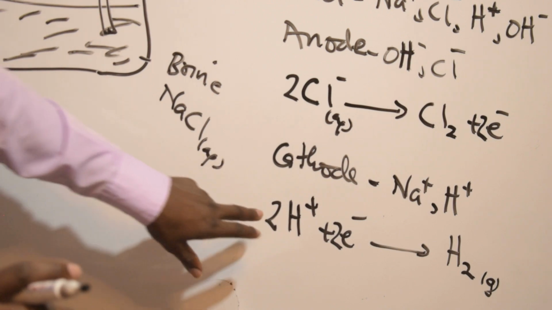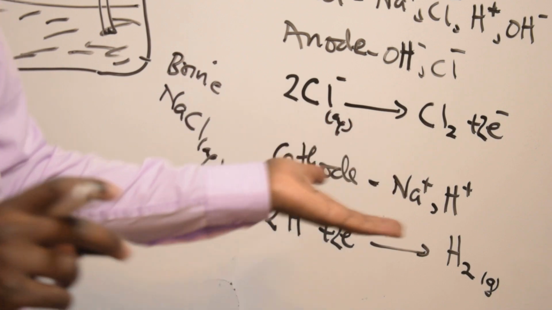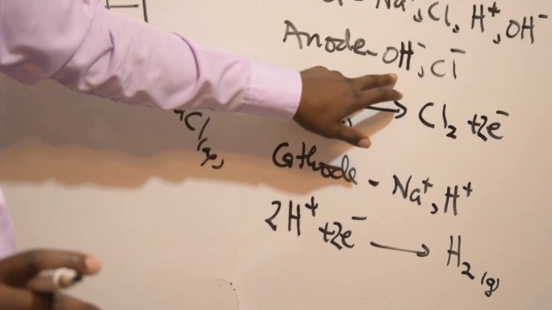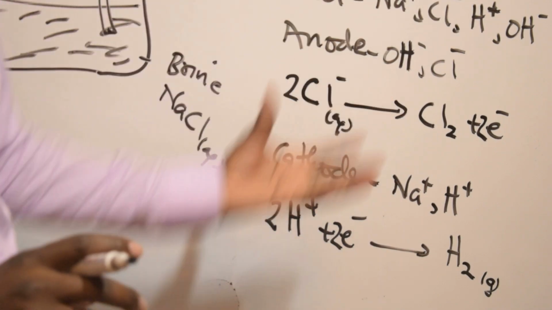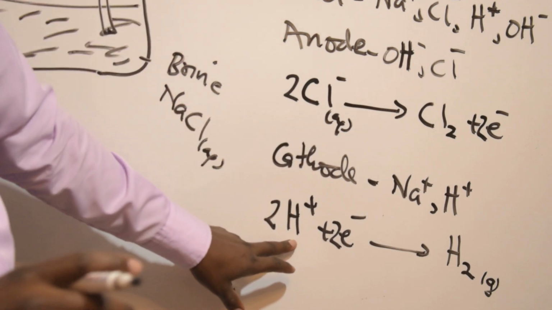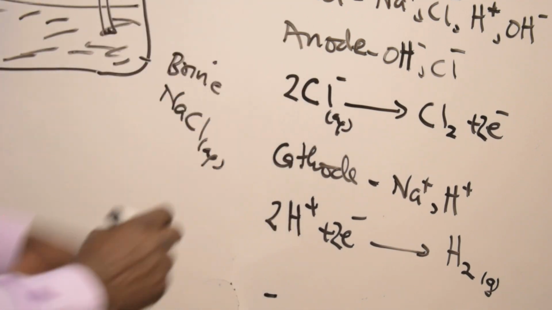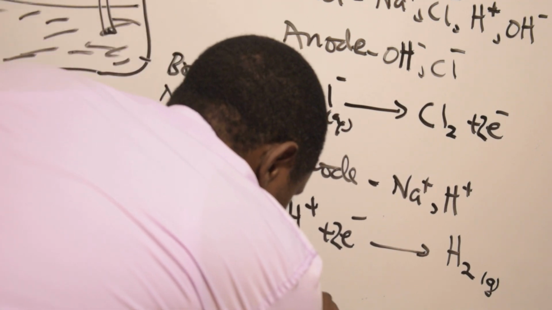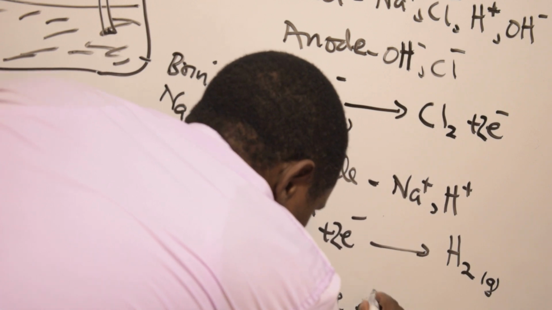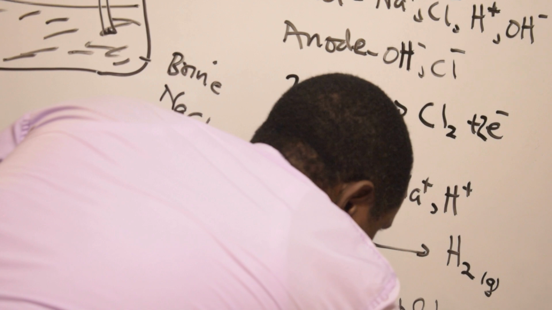That means when you continue to discharge hydrogen ions, the hydroxide ions will be more. The hydroxide ions increase relative to hydrogen, and therefore the pH of the electrolyte increases.